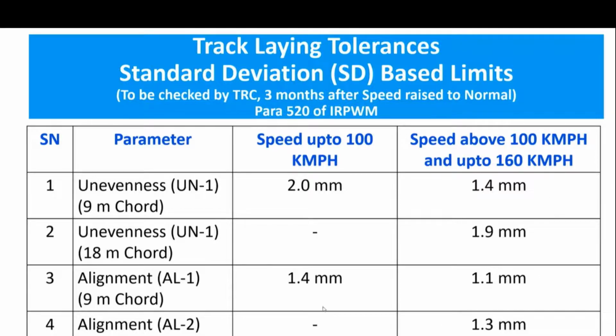Likewise, alignment also is 1.4 millimeter for speed up to 100 kmph and 1.1 millimeter for the speed band of 100 to 160 kmph. We are required to meet these expectations during new track length as well as after the renewal.